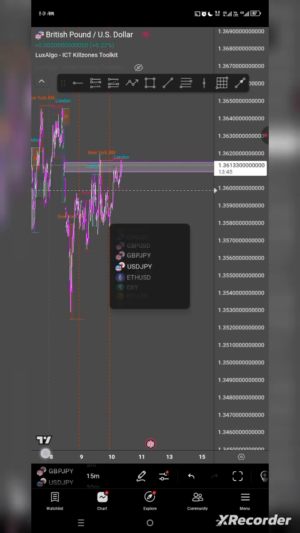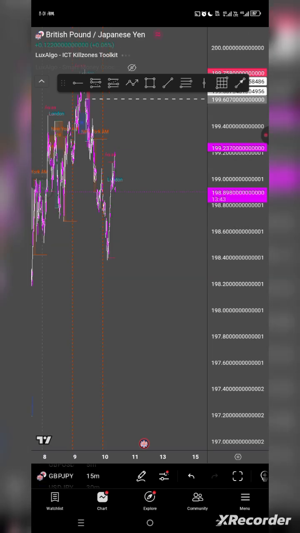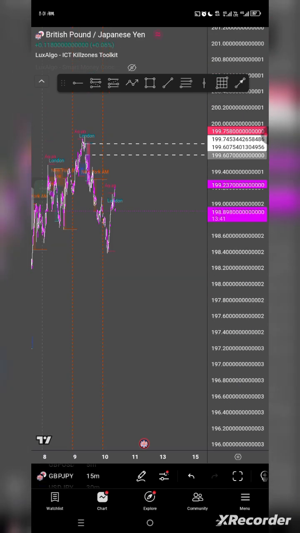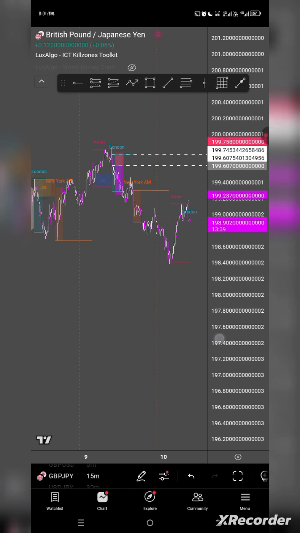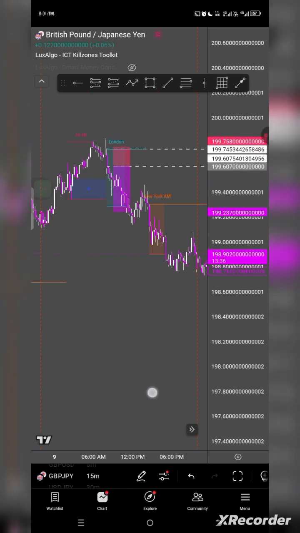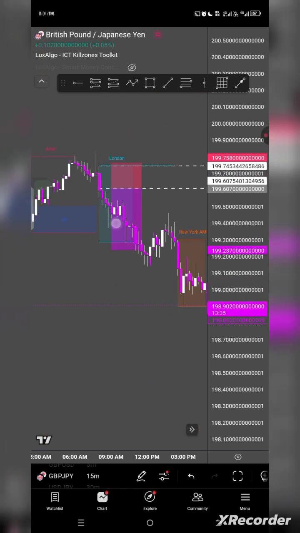I won't be taking anything on JPY. I think I had a win there yesterday, a nice 2 hour or something.